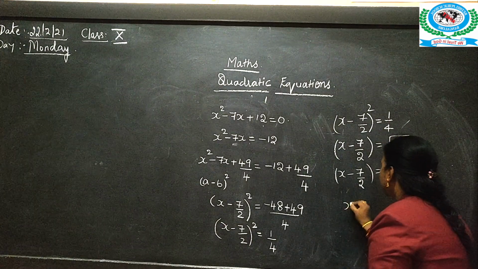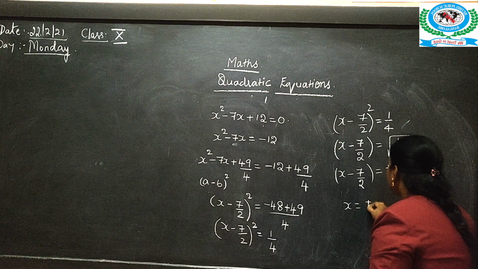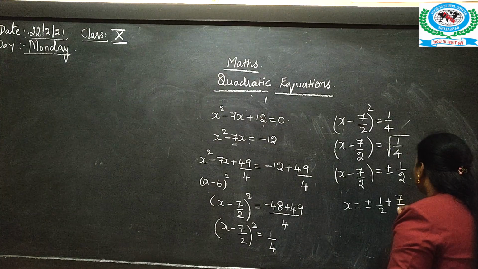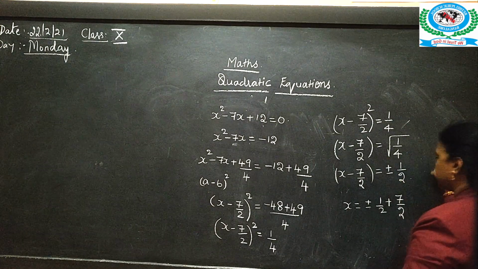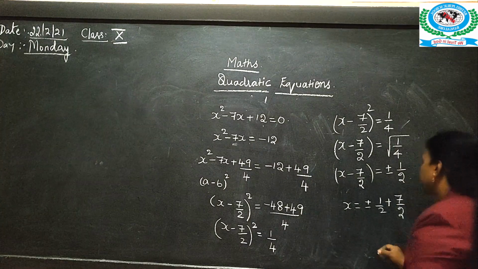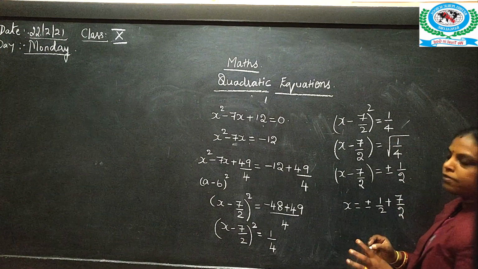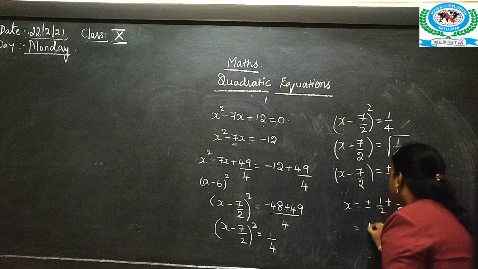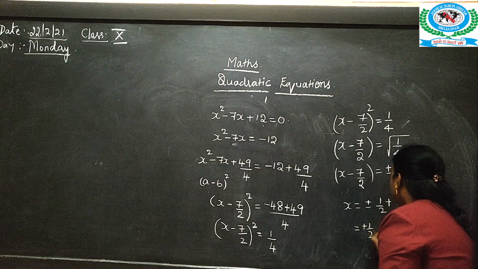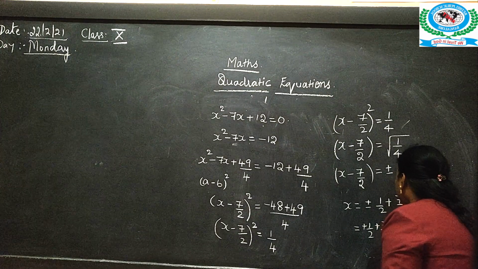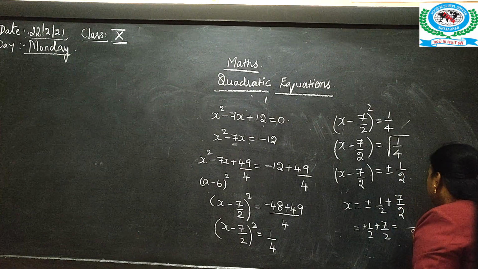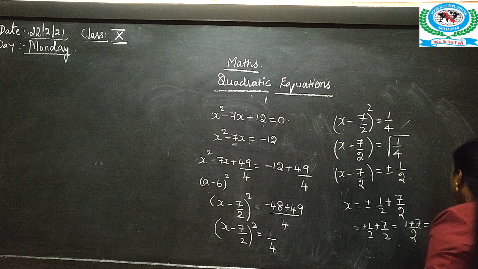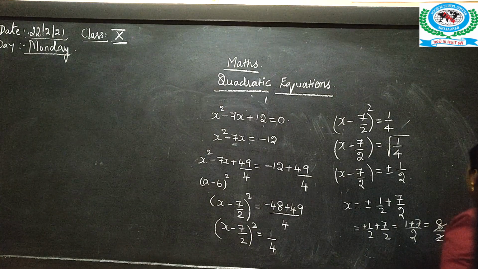Then x will be equal to plus or minus 1 by 2 plus 7 by 2. This 7 by 2 I have taken that side, so it becomes plus 7 by 2. So once you take positive value, other time you take negative value. So when I am taking positive, plus 1 by 2 plus 7 by 2 will give me 2 will be the LCM. 1 plus 7 is equal to 8 by 2, which is equal to 4.